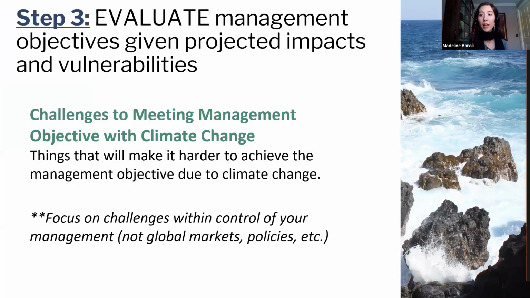So the first thing that you'll do in the adaptation workbook in step 3 is to identify those climate-related challenges to meeting your management objectives. In this step, we list any of those vulnerabilities that are going to be making it more difficult to achieve a management objective.